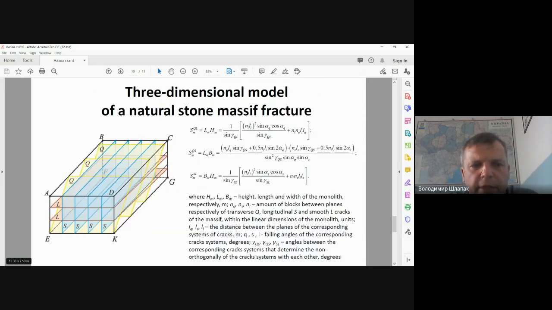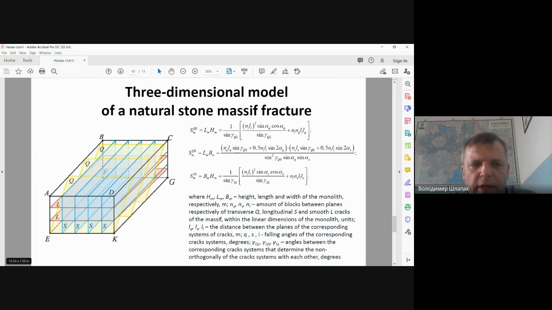Considering the absence of ideal conditions in natural stone deposits, a non-orthogonal model was introduced, in which the basic systems of cracks do not intersect at a right angle. At the same time, it's considered that the angles of falling cracks in the massive are constant. That is, all the cracks of one system are parallel.